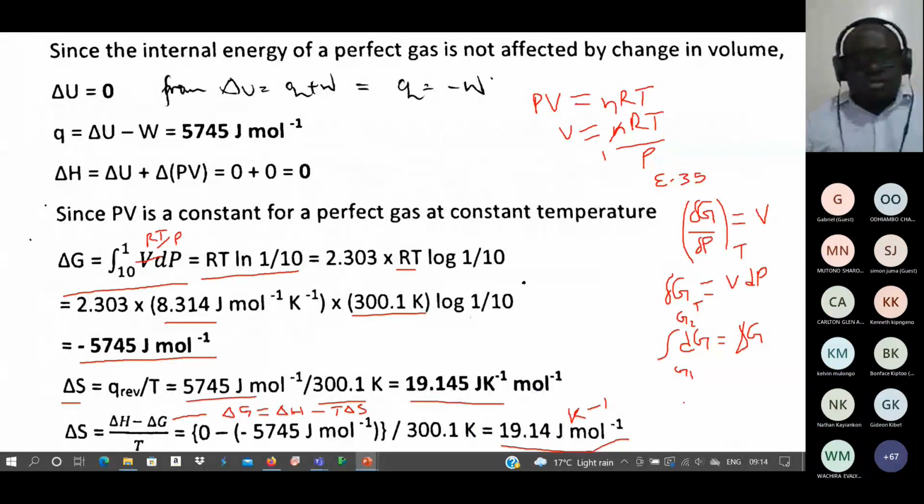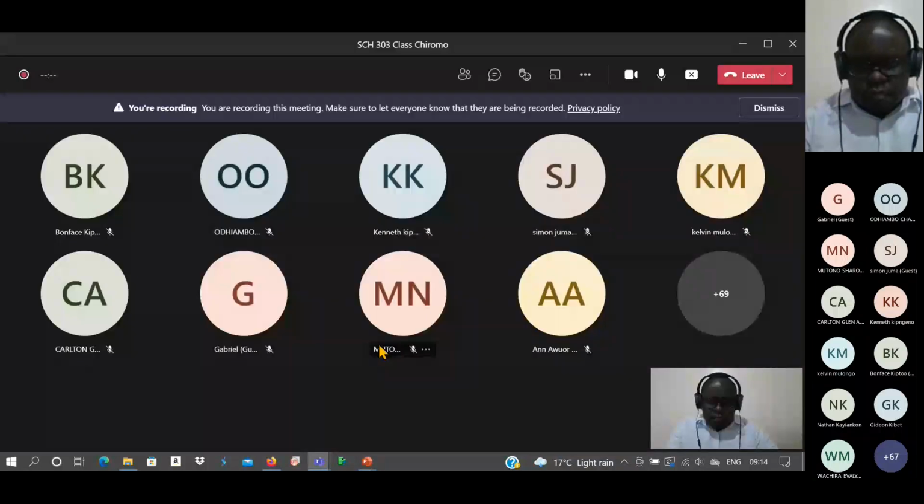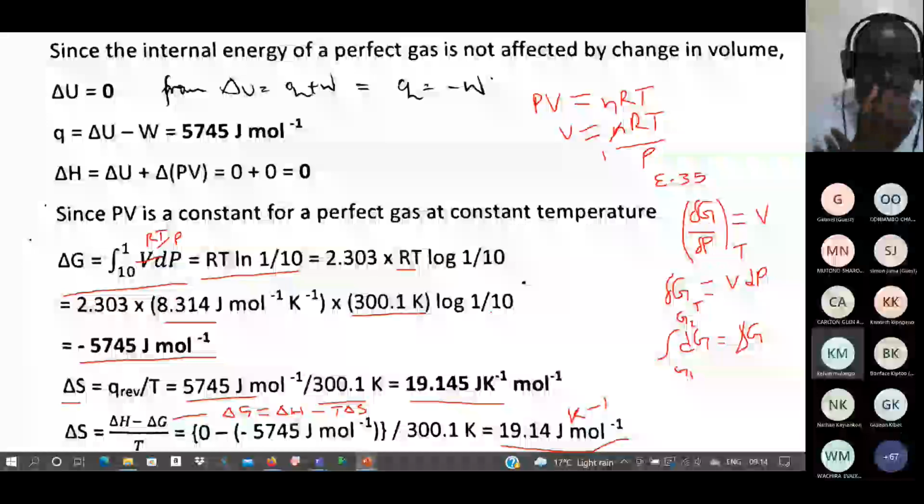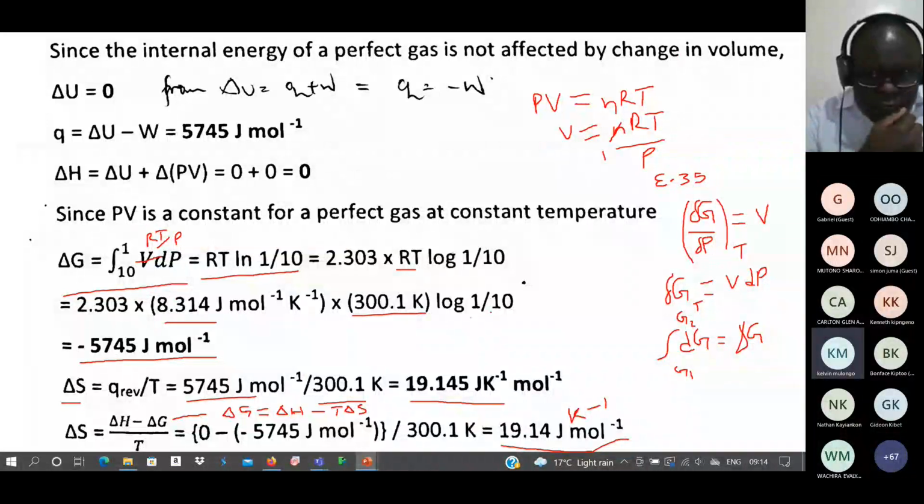You have a question? Yes, sir. On this slide, allow me to get clear on this. Where are you getting 2.303? Is it a must to use that 2.303? It's not a must. You can still use the natural log. And will you get the same answers?